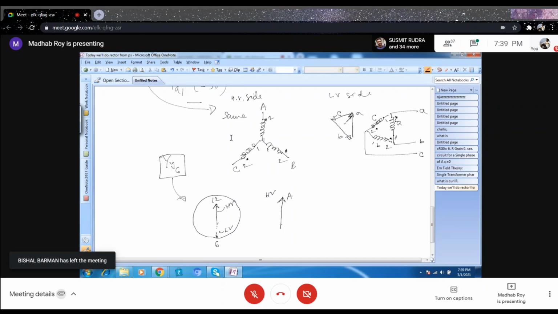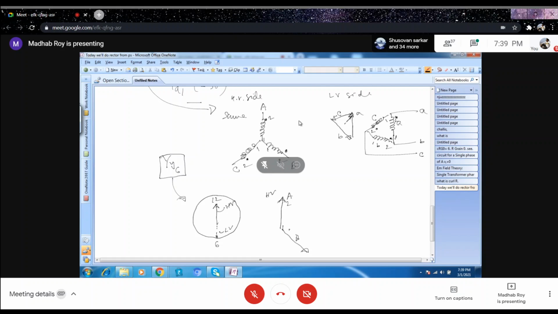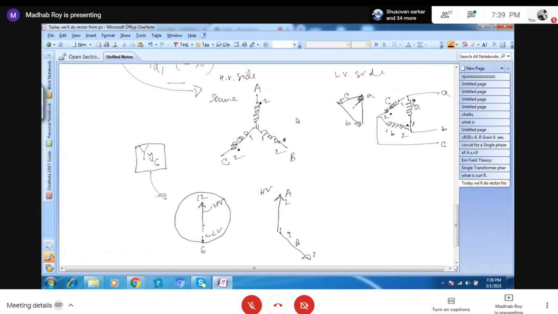Then that is 1 and 2, and then it will be B. It will be 1 and 2. Then it will be C. It will be 1, it will be 2. Now what will be the drawing of the YY6?